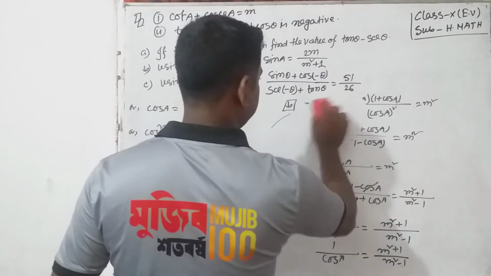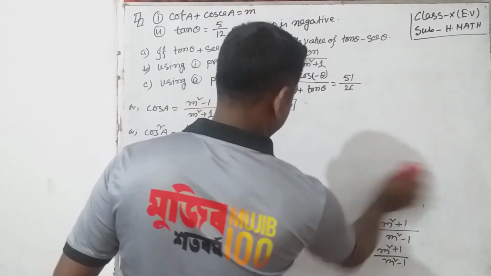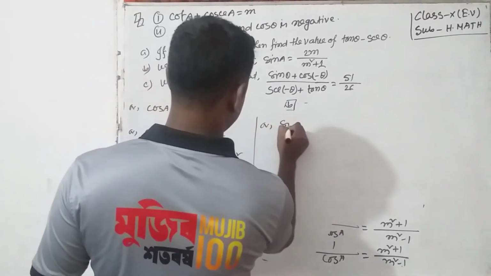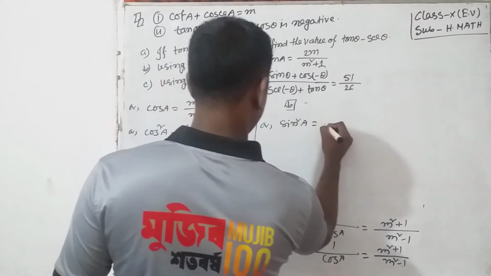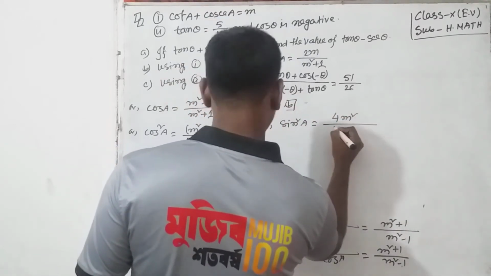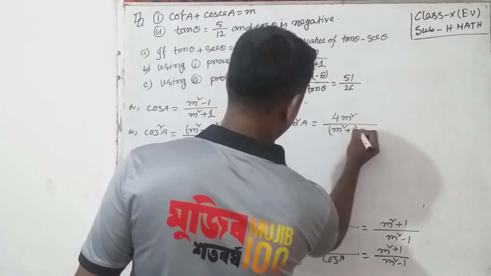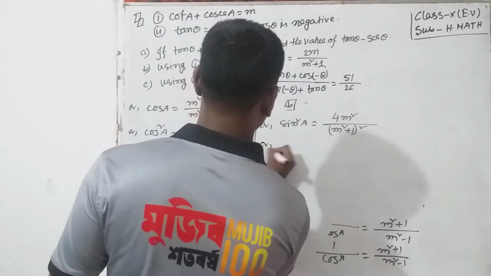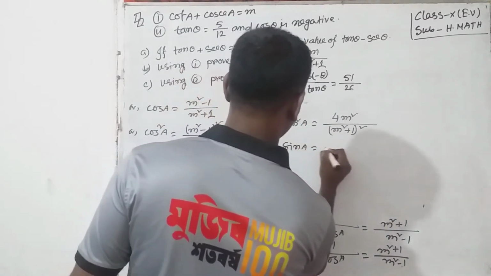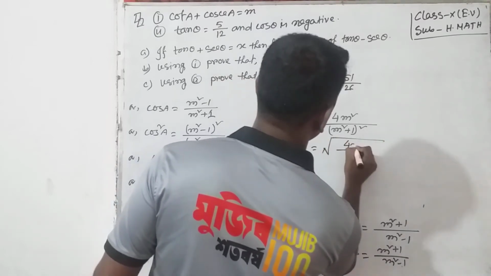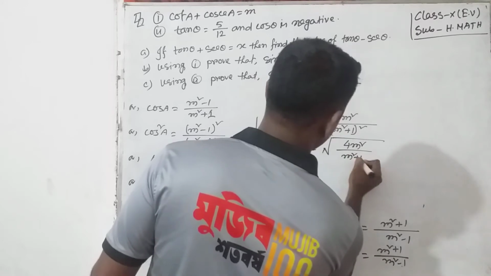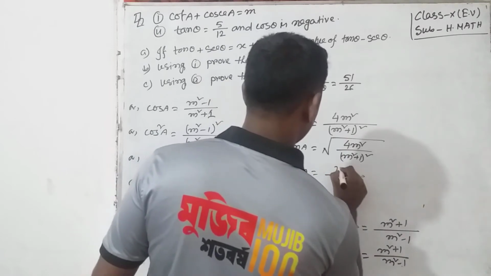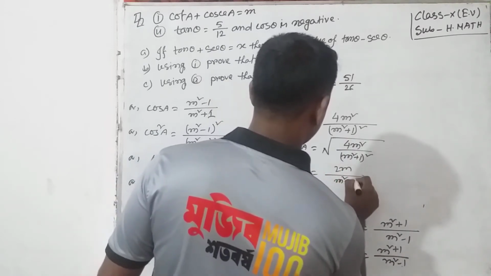Now we can write it, sin square A equal 4m square by (m square plus 1) whole square, or sin A equal root over 4m square by (m square plus 1) whole square, or sin A equal 2m by m square plus 1.